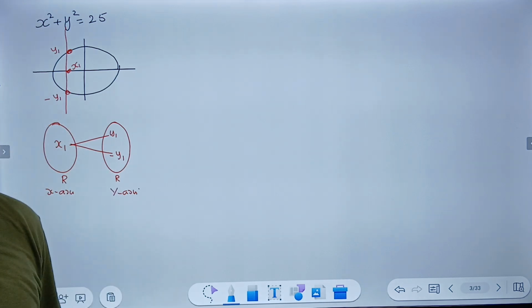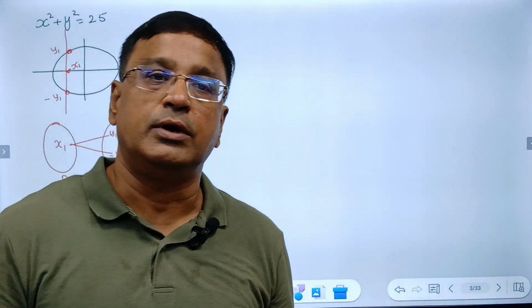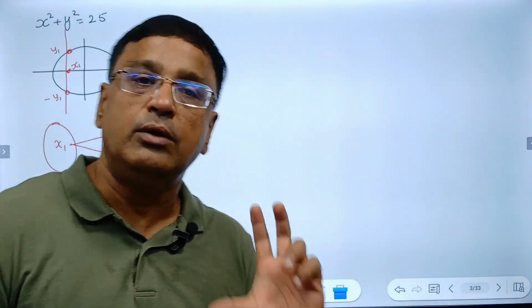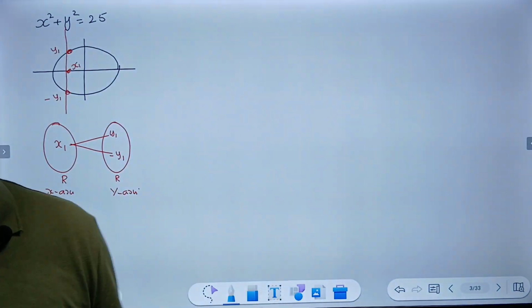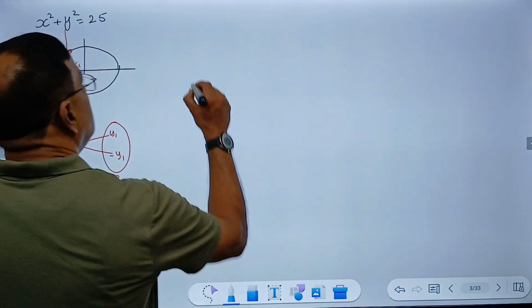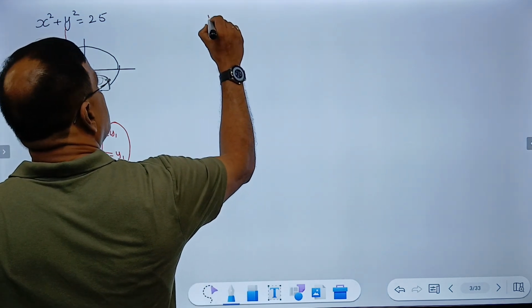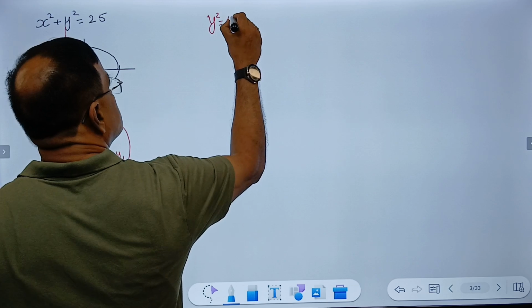A vertical line test is simple. If you draw a vertical line on a curve, and it intersects the curve at more than one point, it cannot be a function. I'll give one more example. Say y squared equal to 4x.